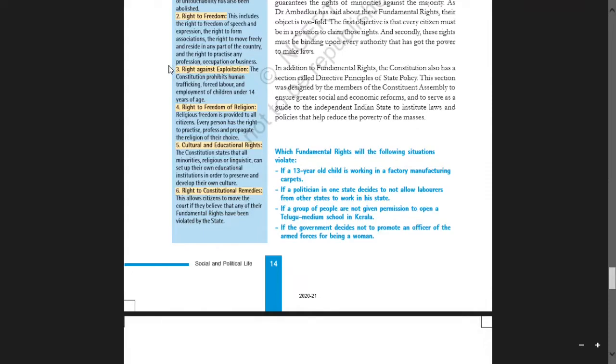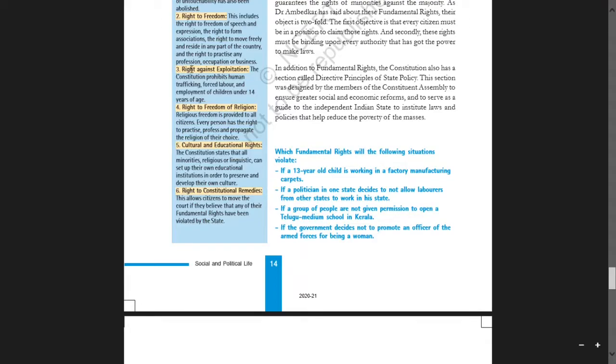So, under this fundamental right, we can go anywhere in our country and stay anywhere, reside in any part of the country, and we can move from one place to another across the entire country freely. And the right to practice any profession: we can do the type of work, occupation, business, or profession as we wish. Nobody can oppose it. It should be legal.